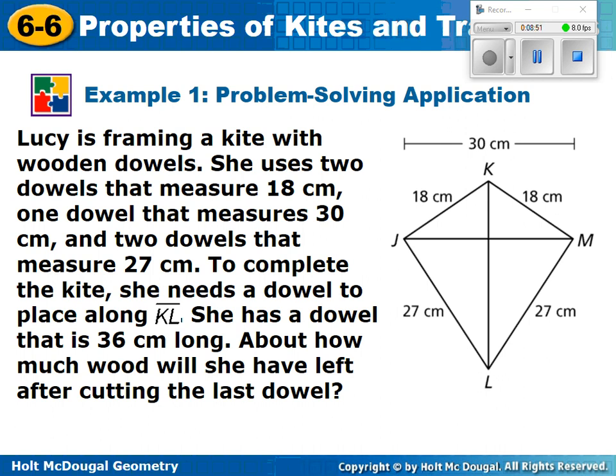So I want you to go ahead and take a couple minutes, read through this problem, and see if you can come up with some ideas of what to do.